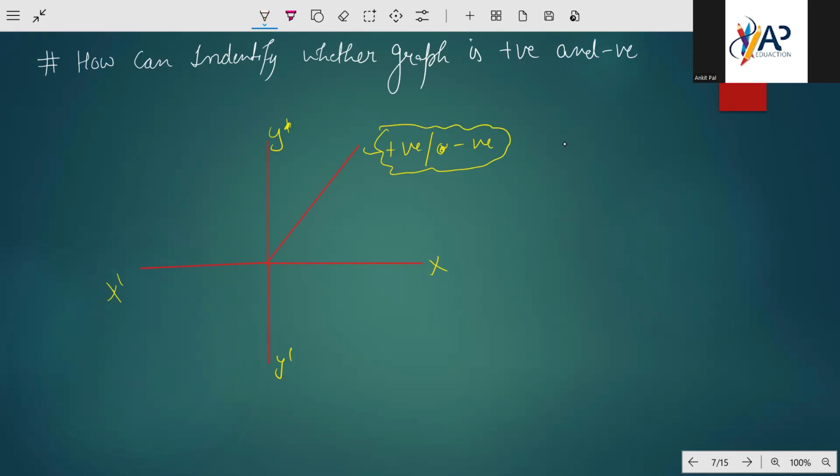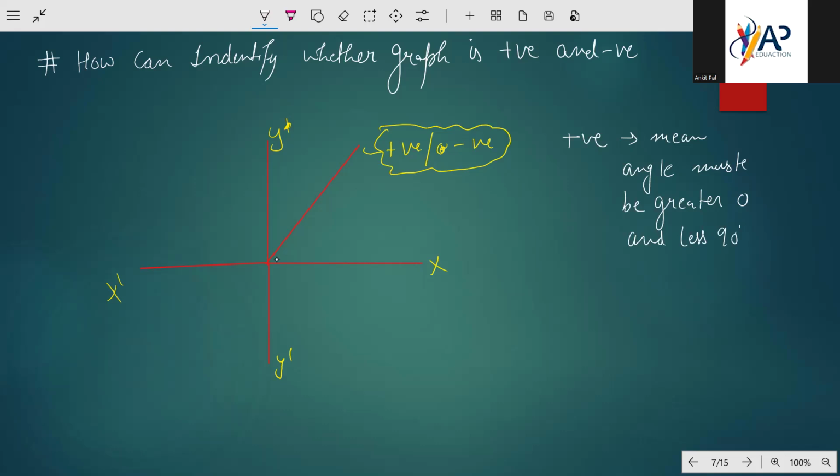Listen, we can say if graph is positive, it means angle must be greater than 0 and less than 90.